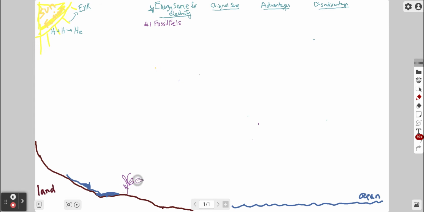You had some animals munching on these plants, and you have to bear with my animal drawing. They die, obviously. Maybe a mudslide came down. They got covered with rocks, sediment. Over time, the pressure builds up. So there's pressure too. And then they turn into fossil fuels down below the earth.